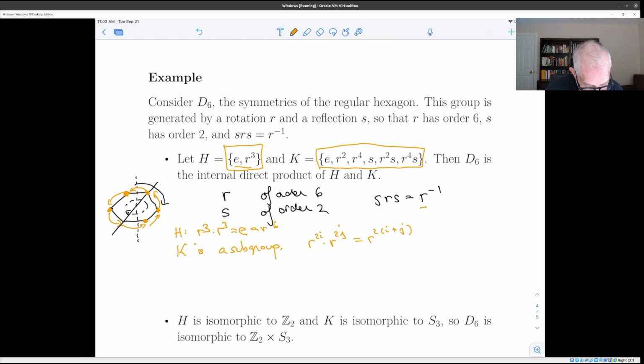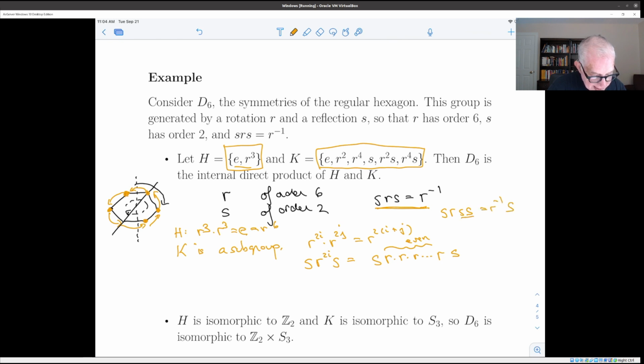And because of this rule, if you do S r to the 2i, well, this can be written as S r times r times r, an even number of times, S. And another way to read this formula is to read it as SRS equals R inverse.